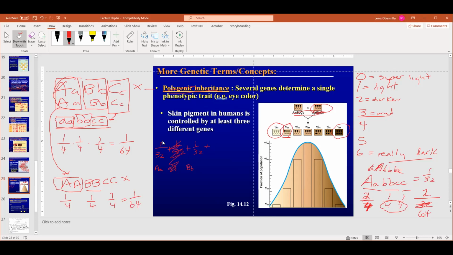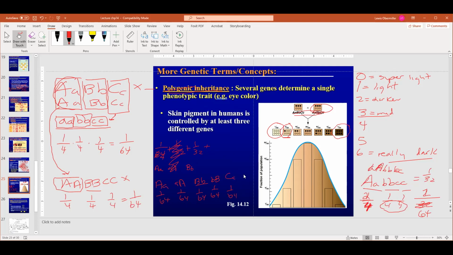So we would have 1/64 plus, sorry, this would be 1/64. This would be 1/64. This would be 1/64. This would be 1/64. This would be 1/64.